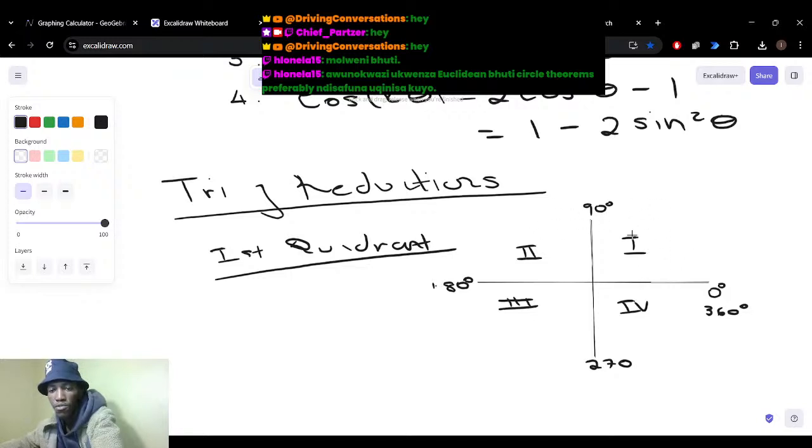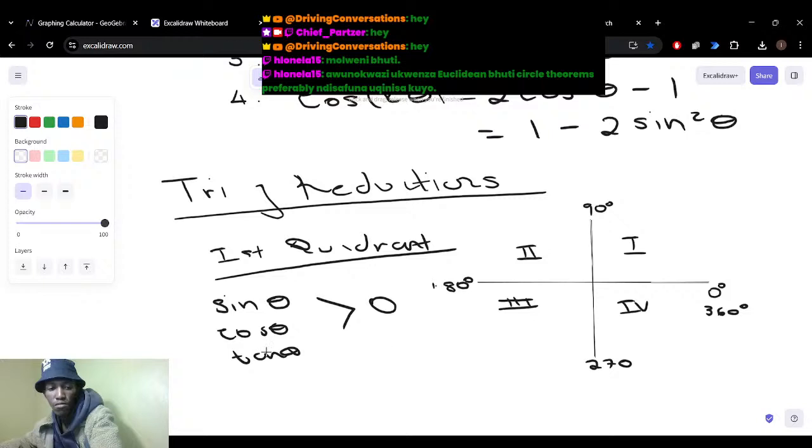If you look at theta between 0 degrees and 90 degrees, and plug them into any of your trig functions, be it sine theta, cos theta, or tan theta, your values will be greater than 0. Let's take any angle between 0 and 90, for example 45 degrees.